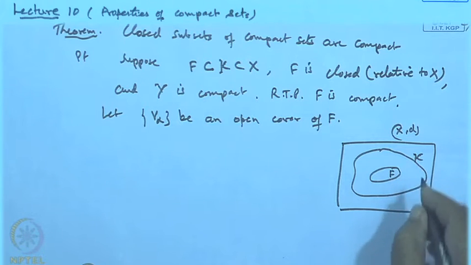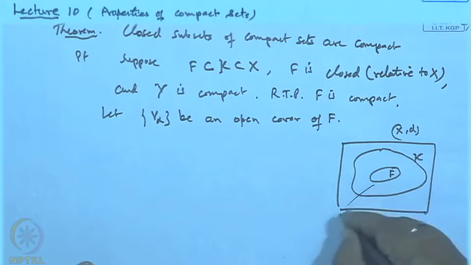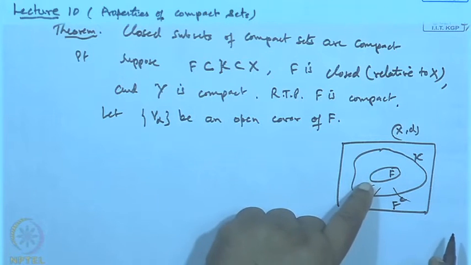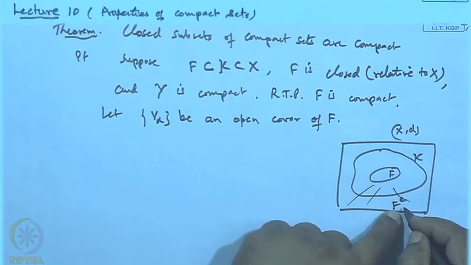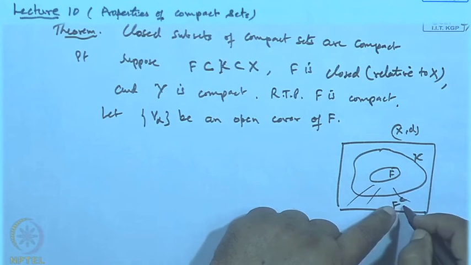What is F^C? F^C will be the complement of F. So, here somewhere we have F^C. This is our F^C. Now, if we take an open cover of F, then some of the open sets will intersect F^C also, because F is closed, so F^C, the complement, will be an open set.